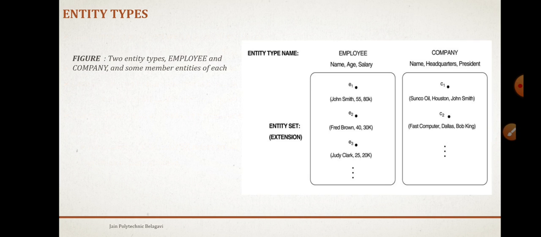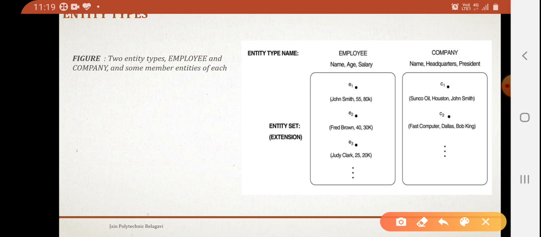Here in the block diagram, there are 2 entity types, employee and company, and some member entities of each. Employee has these 3 attributes, and company has 3 attributes. Name specifies character type data, age is integer type, and salary is also integer type.